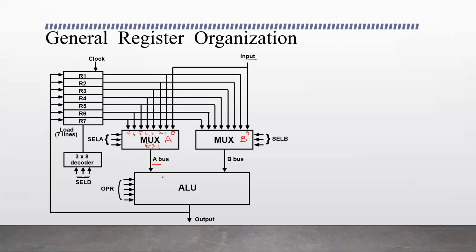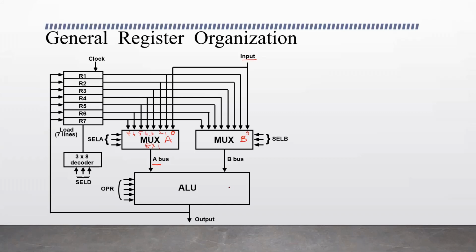And here is the ALU that performs the arithmetic and logical operations. The output of this multiplexer, one of the registers or the external input, is selected and given as the first input to the ALU.